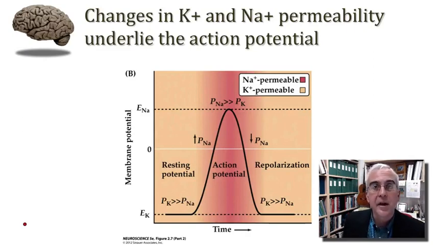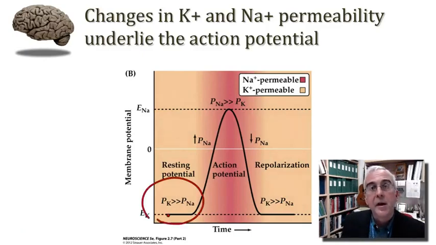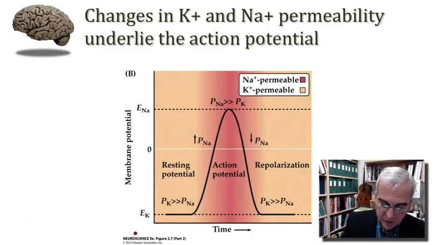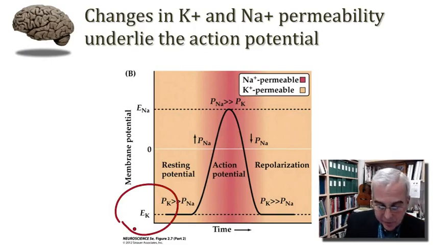So the permeability of the neuron at rest for potassium is some small value that's greater than 0. However, the permeability of that resting membrane for sodium is just about nil. So even though the potassium permeability is small, it's still very much greater than the permeability for sodium. So what this means is that in the resting state, the membrane potential is very close to the theoretical limit predicted by the Nernst equilibrium potential for potassium.